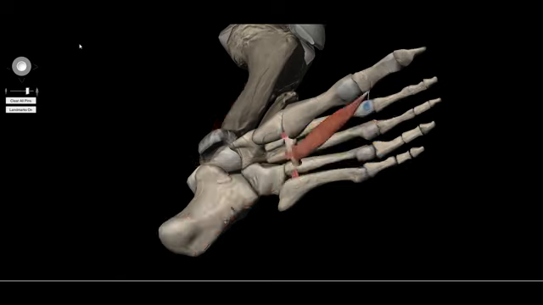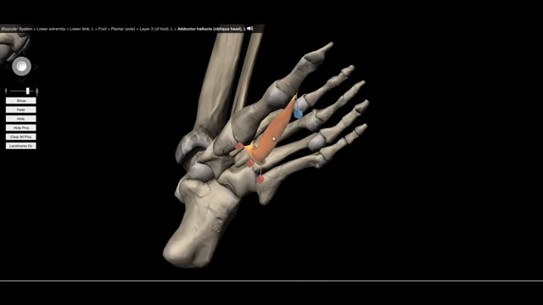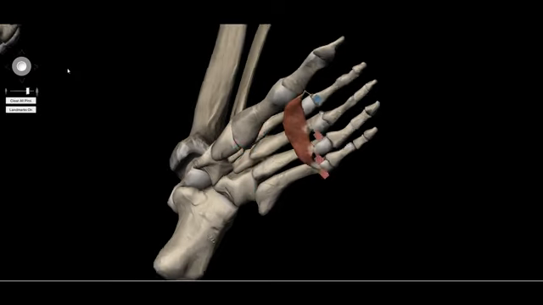So in the third layer, I have the adductor hallucis, which actually has two heads. So this is the oblique head, and I have a transverse head.